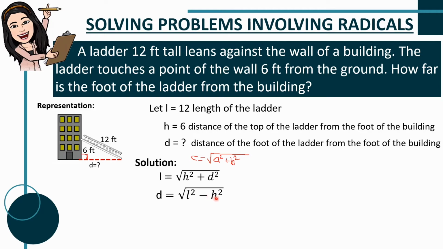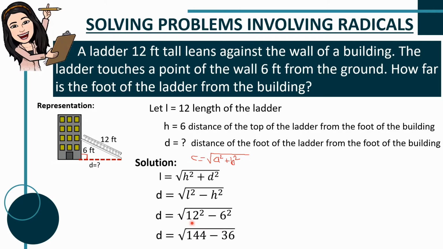Okay, minus h squared. So, this time, let us substitute. Ang D is equal to, ano ba yung ating length ng ladder? We have 12. 12 squared minus, okay, this h. So, we have 6. So, 6 is squared.